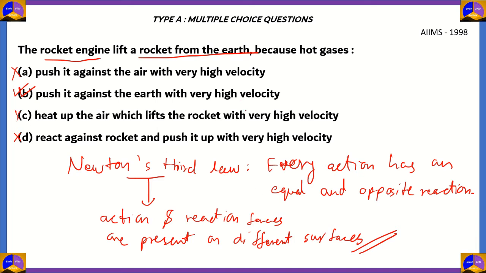So option B is the most appropriate option for lifting a rocket from the earth, because hot gases push against the earth and the earth pushes back on the rocket. So if you have a rocket, the earth pushes against the rocket, and the rocket experiences the force which enables it to lift up from the earth.